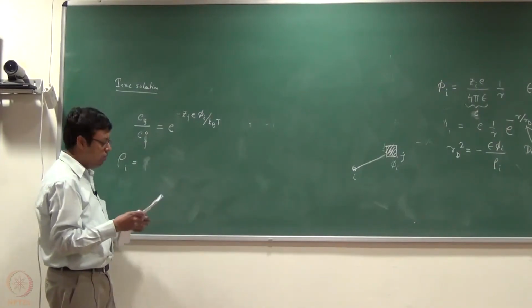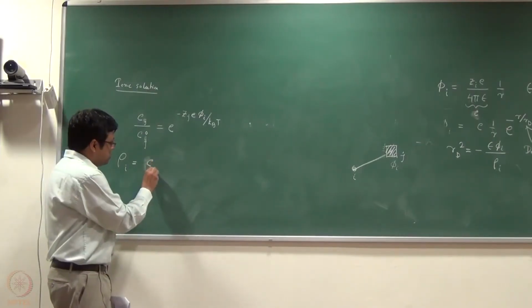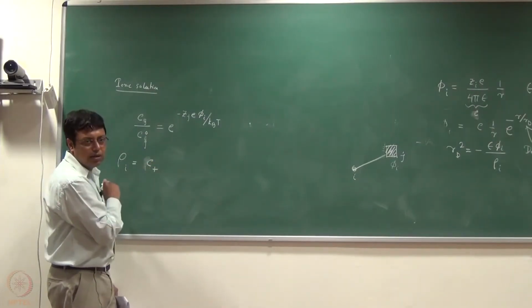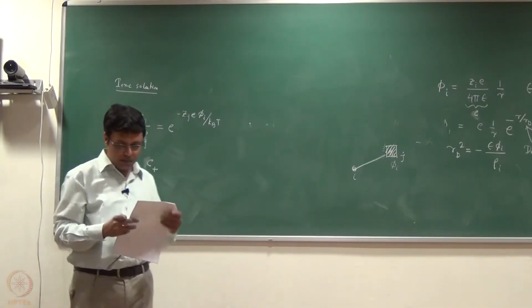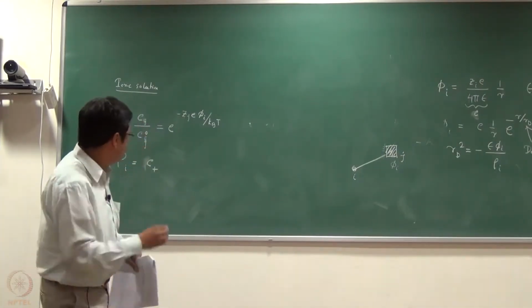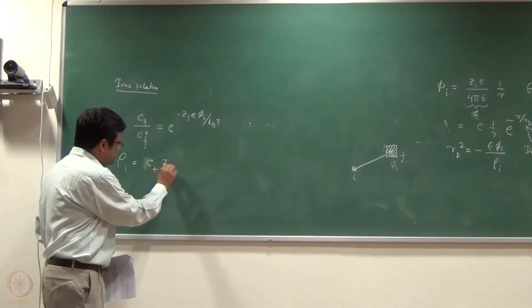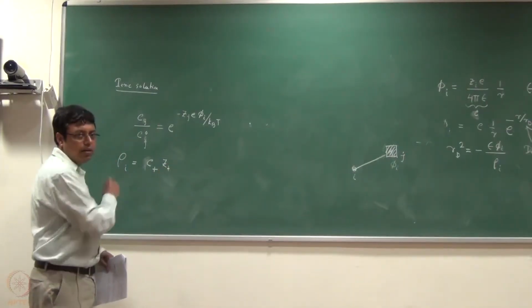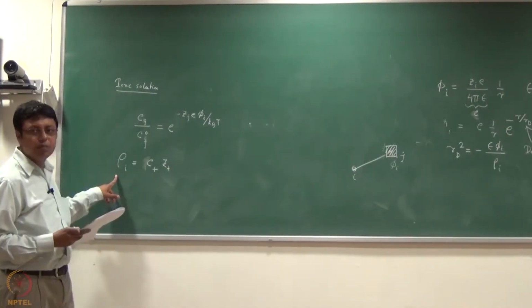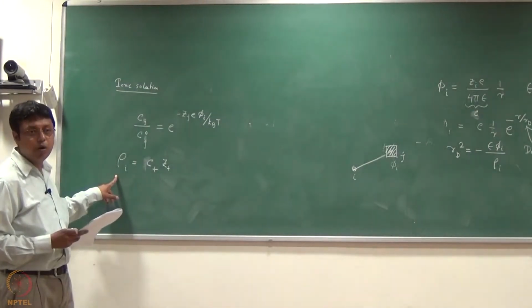Now, what is the concentration of the cation? I am writing it as C plus. What is the charge of the cation, which is Z plus? Remember, these densities we are writing in terms of molality, for 1 mole.